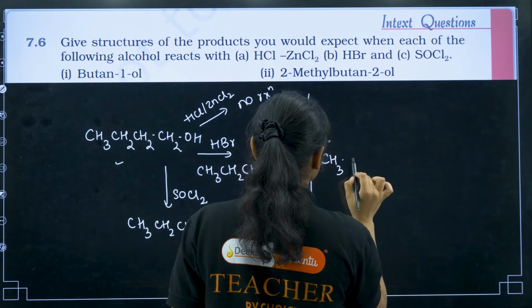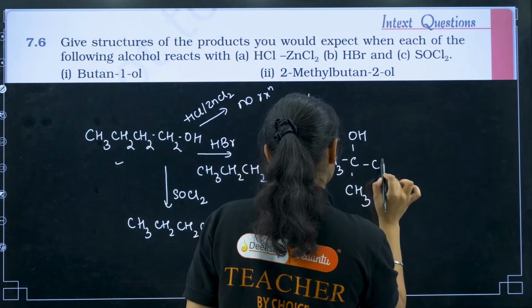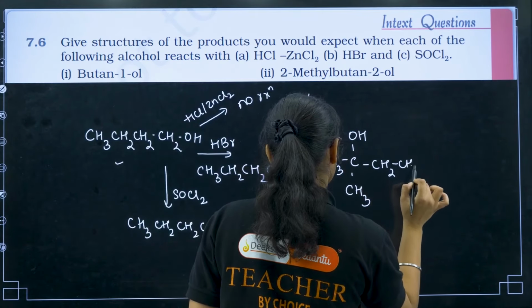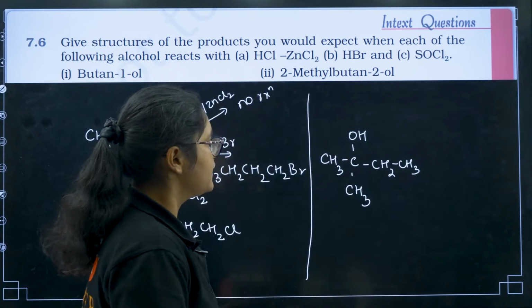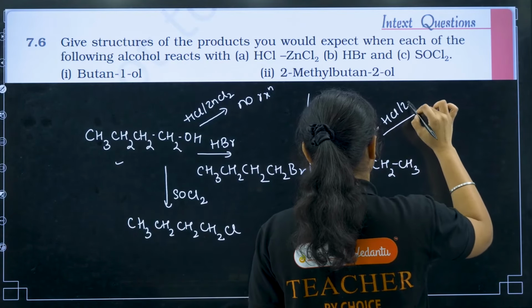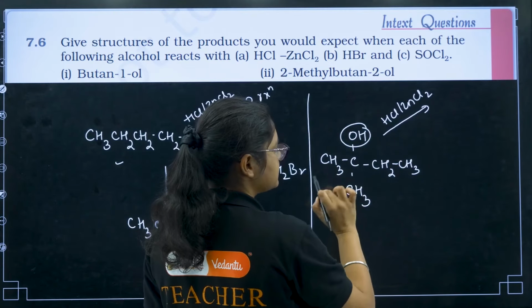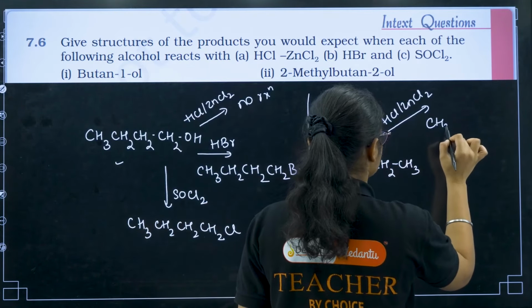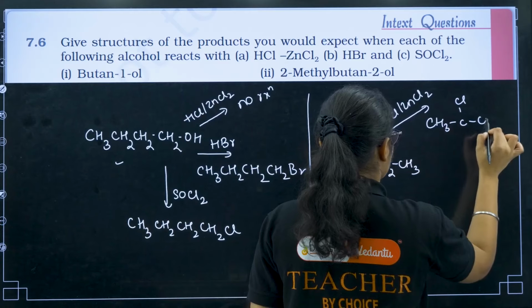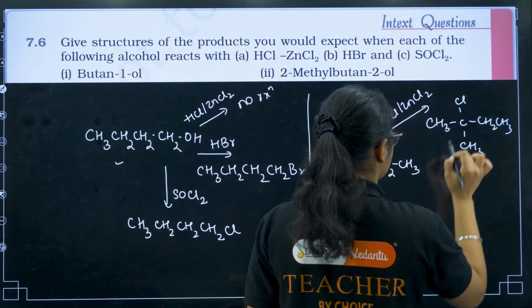So you have like this: 2-methylbutan-2-ol. Now this is with HCl and ZnCl2. This is a tertiary alcohol, so this one will react, and the OH will be converted to Cl.